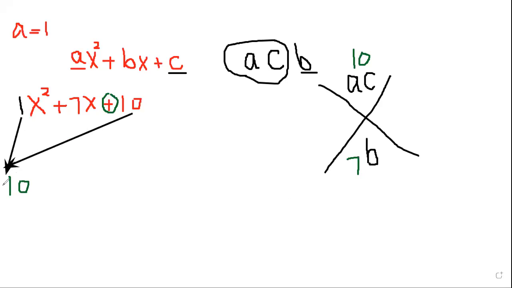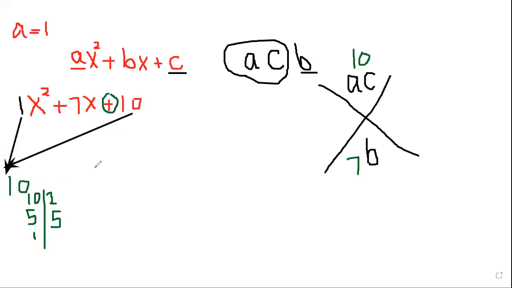Then how many times how many will give us 10? If you don't know directly, you can factorize 10. 10 divided by 2 equals 5, 5 divided by 5 equals 1.